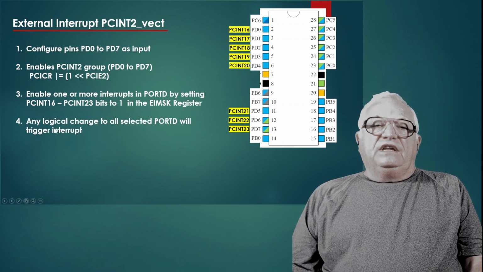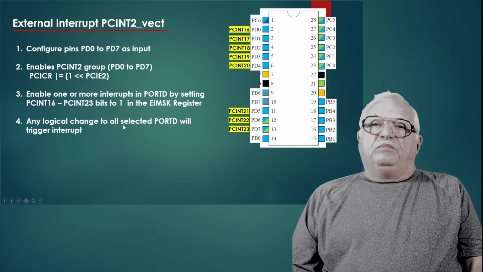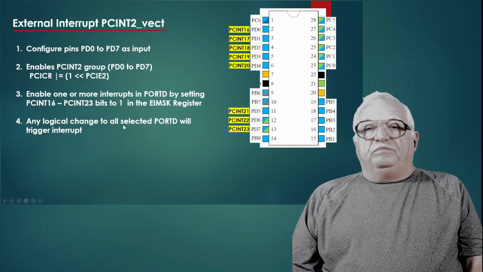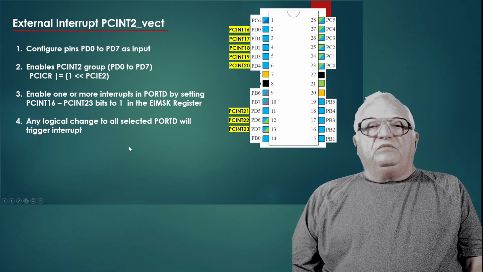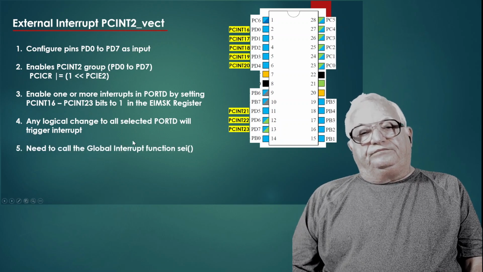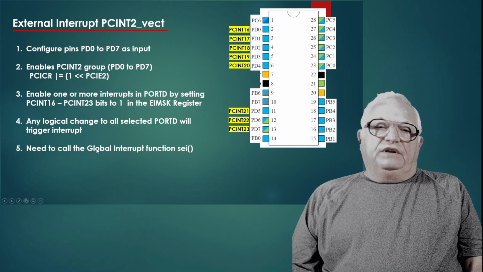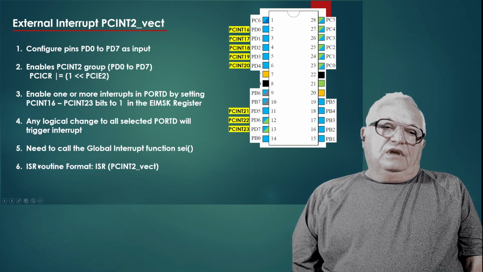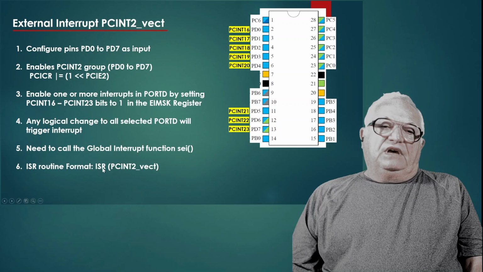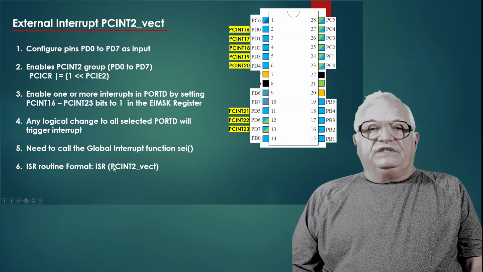Now again, any change in logic in port D, from D0 to D7, will trigger an interrupt. As usual, we'll have to call the global interrupt function, and the format is going to be ISR(PCINT2_vect).